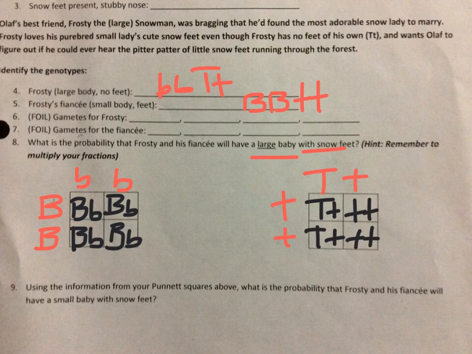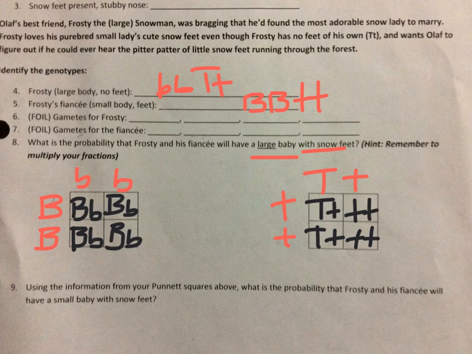Alright, so now that I have my Punnett squares filled in, I can look and see what's my probability. Okay, so a large baby. I remember, and I look back up on my worksheet, and it says that a large baby is going to be the recessive trait.